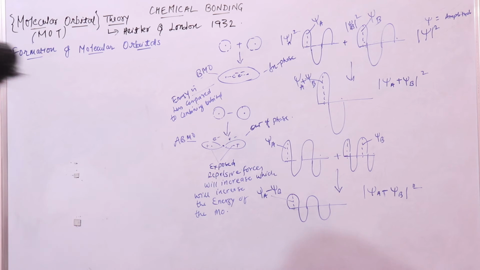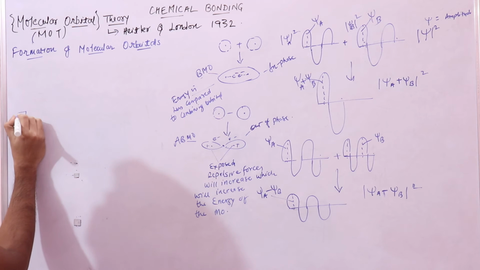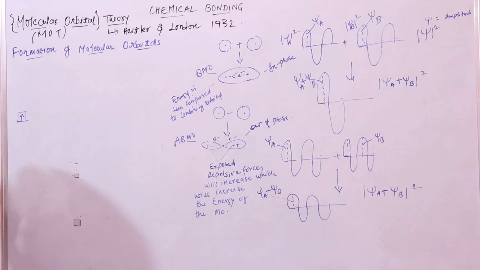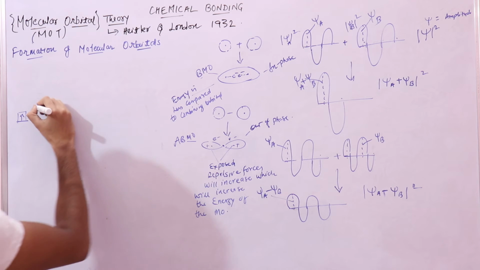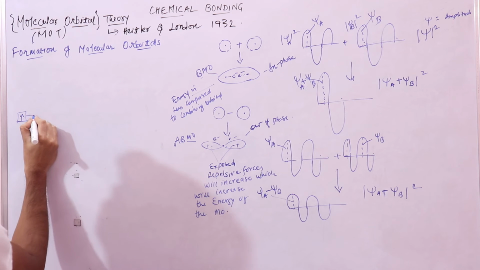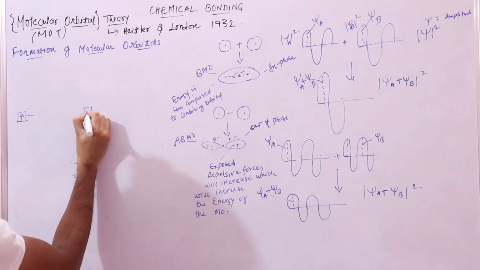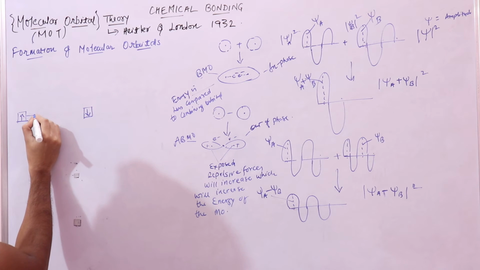So let's draw the energy level diagram that we constructed before. The energy level diagram was like this. This is one orbital, right, and this is another orbital, right?